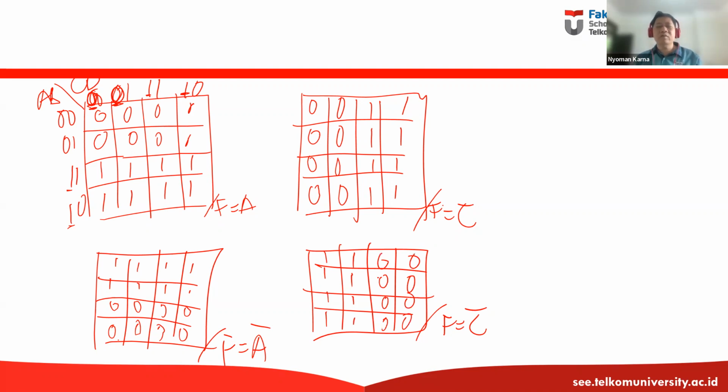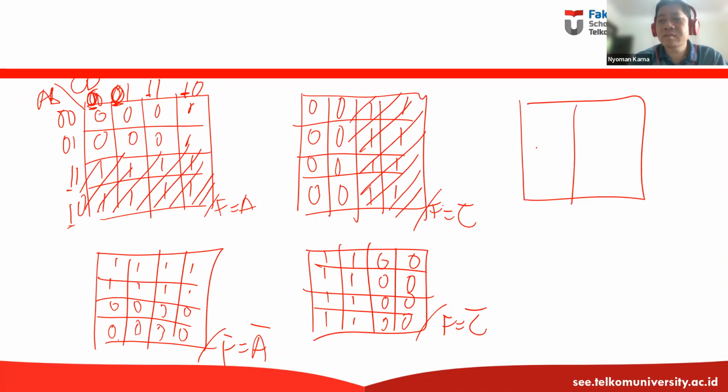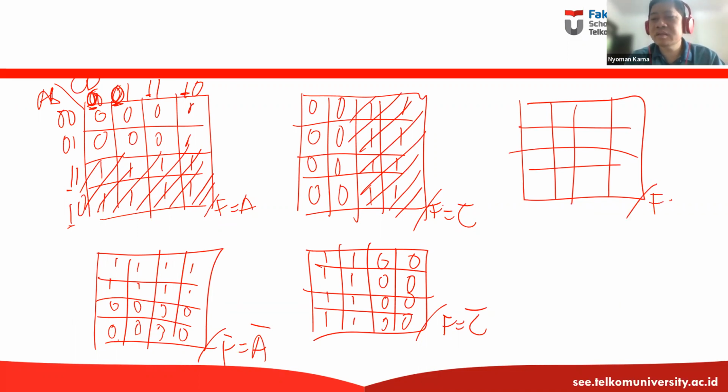Now how about if we combine A and C? So this is A and this is C. So if the simplest function is A and C, then it will be the intersection between this group and this group.